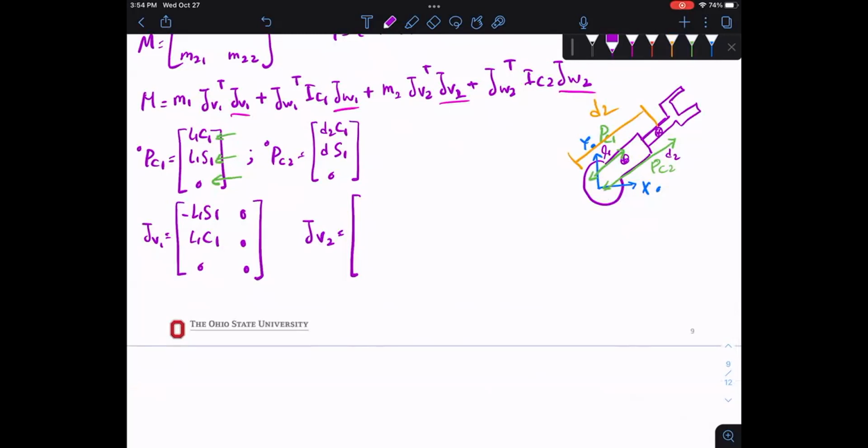So the first one is going to be negative L1 sine theta 1, L1 cosine theta 1, 0. What's the second column? The first column was the partial of the position with respect to your first joint variable, theta 1.